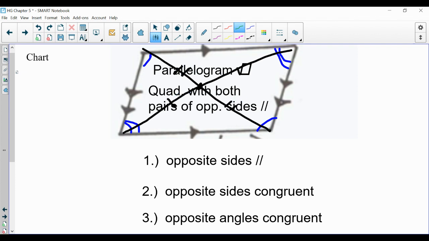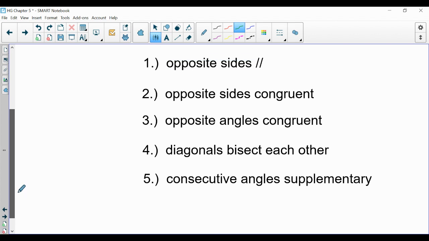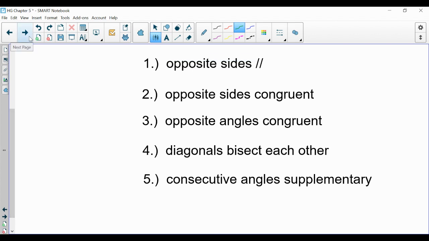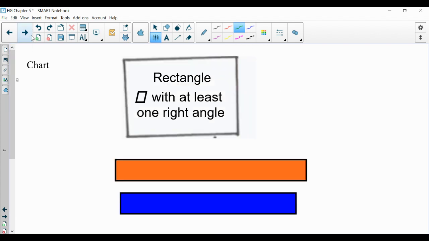Now, we don't know anything about the diagonals being the same length. That might come later for a different quadrilateral, but yeah, we just know that they bisect each other. Okay, so let me just clear that off so you guys don't have to see that. But again, these are the 5 things of parallelograms. And yeah, let's keep it going.